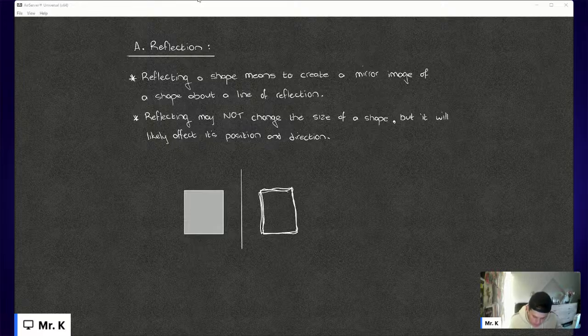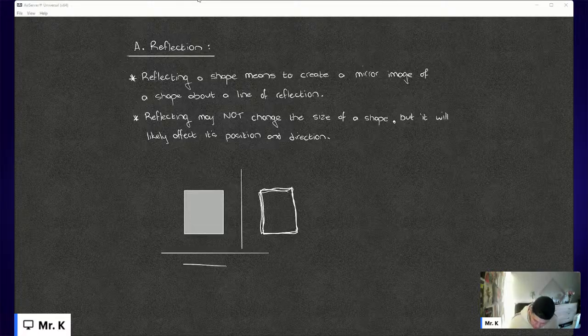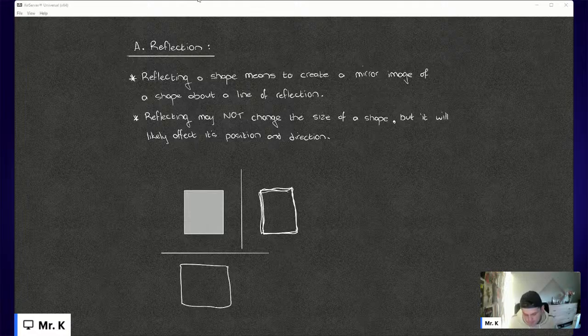We can also work about a horizontal line of reflection, meaning that my shape would reflect down here. But there's one last line of reflection that a lot of people forget about, and that is our diagonal line of reflection, which would look something like this over here.